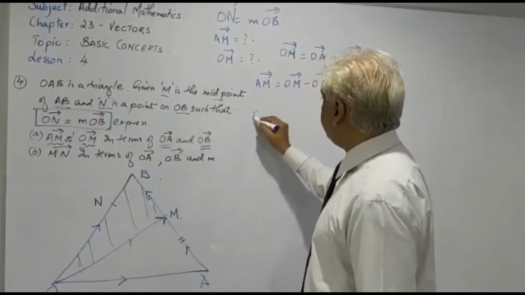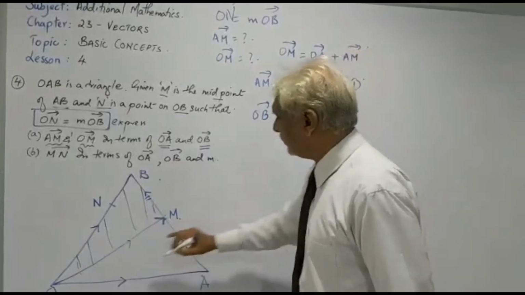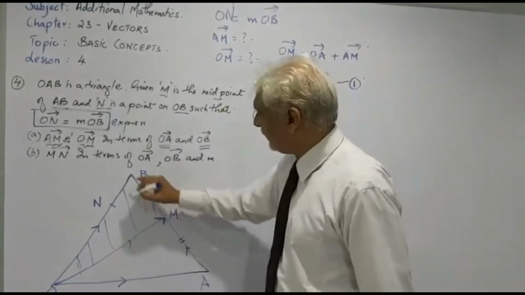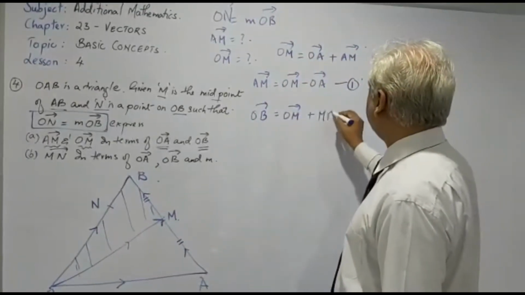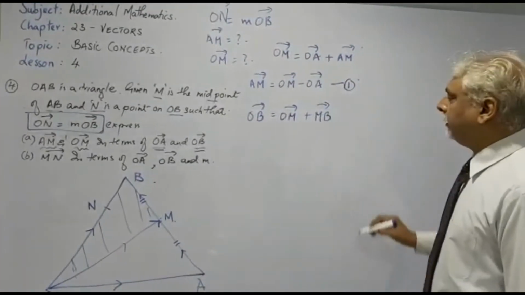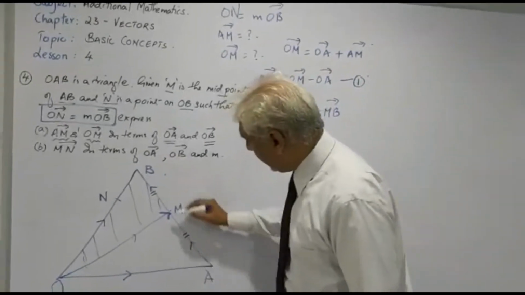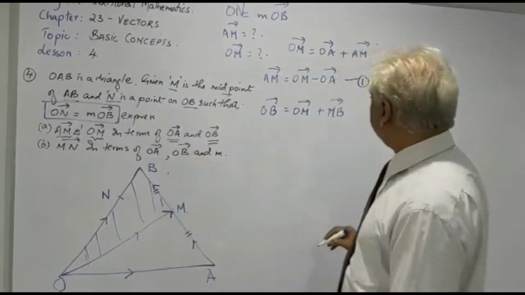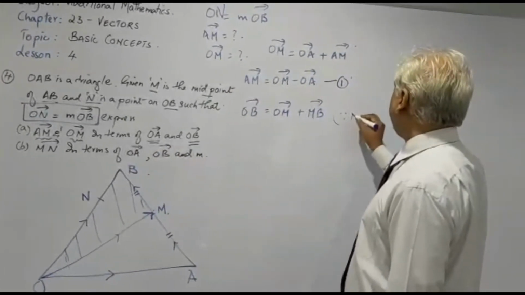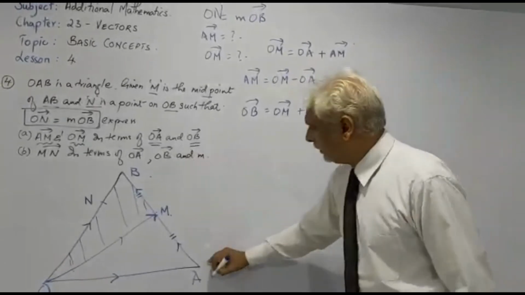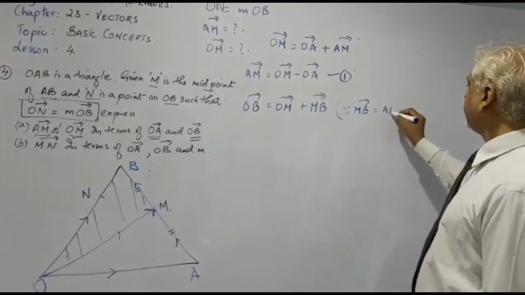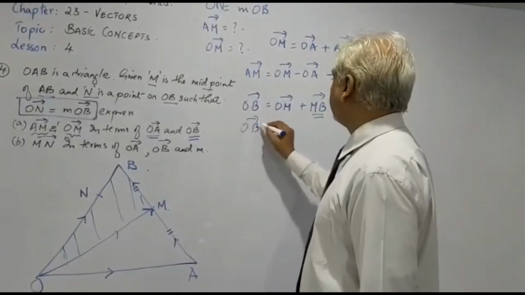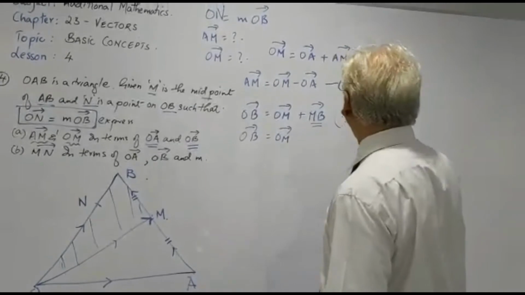So OB is equal to OM plus MB. Now we know that MB and AM are both equal because M is the midpoint on AB. So vector MB is equal to AM, so I can replace MB with AM.